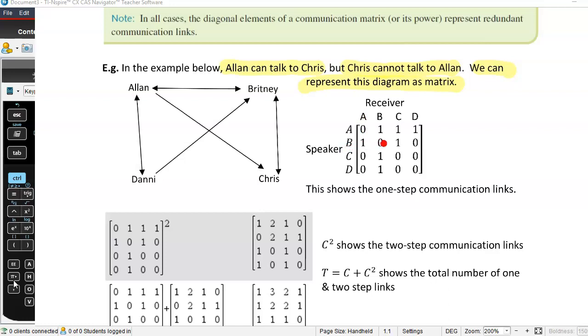We don't put in that Brittany can talk to Brittany. Brittany can talk to Chris, but Brittany can't talk to Danny. That's why we've got a 0 there. Chris can't talk to Alan. Chris can talk to Brittany, but Chris doesn't talk to Chris, and Chris can't talk to Danny. And Danny can only talk to Brittany.